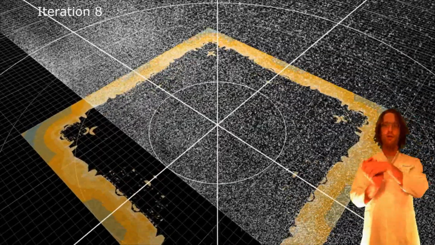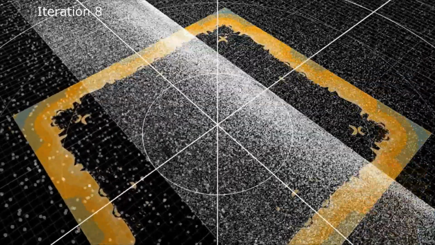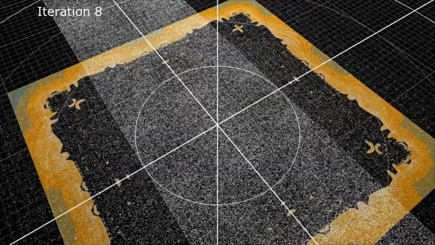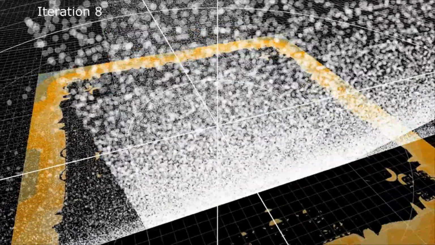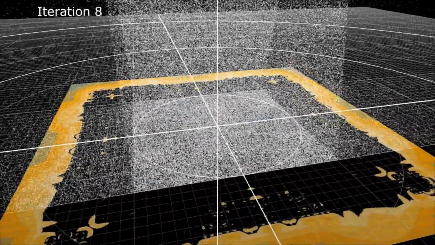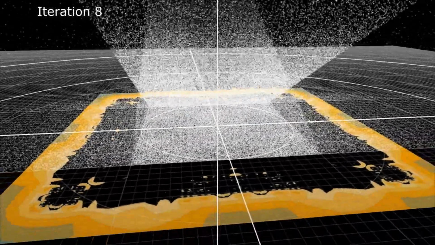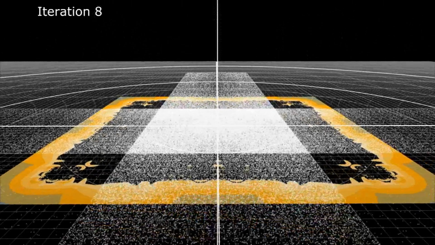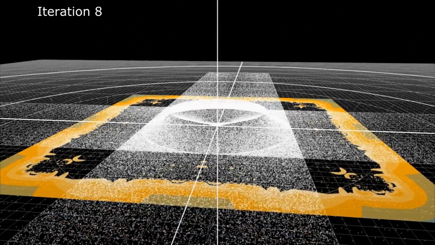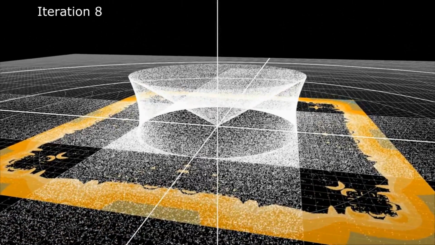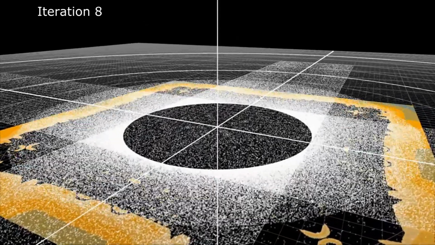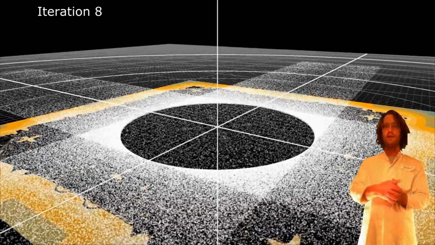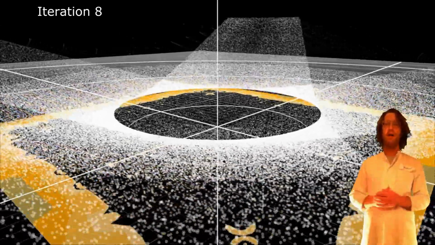The folding operation on both axes. The scaling of -1.5.